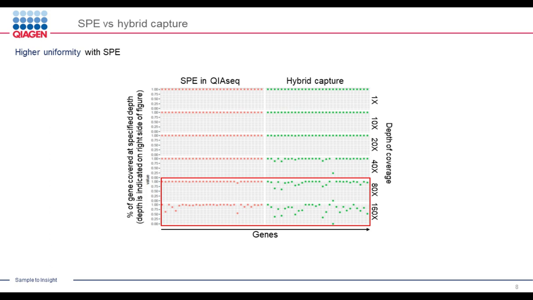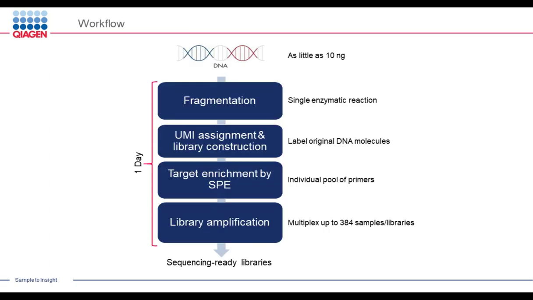But as you increase the coverage across your regions of interest, you start seeing a lower degree of uniformity in hybrid capture approaches compared to the single primer extension approach in the QIAGEN panels, which basically tells us that the single primer extension approach in the QIAGEN panels is going to allow you to achieve a higher degree of uniformity, which means that your genes are going to be more uniformly covered regardless of the type of genes that you go after. So how does the workflow look like?